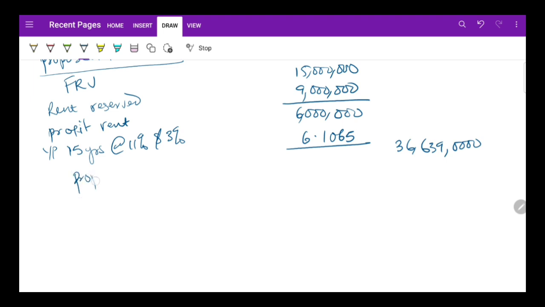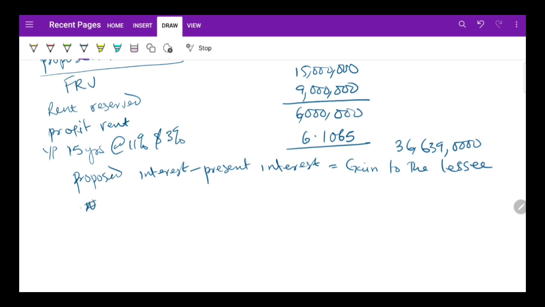Okay, so we now subtract the present interest from the proposed interest, right? So we'll say proposed interest minus present interest is equal to the gain to the lessee. So in this case, that will be 36,639,000.